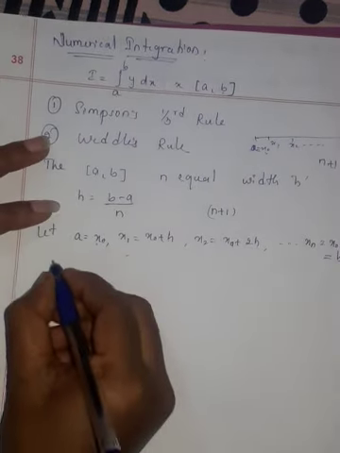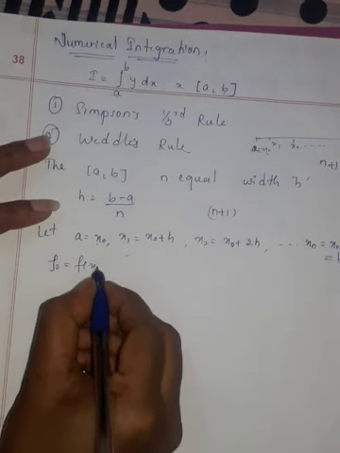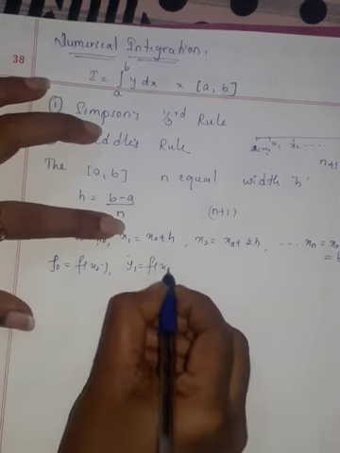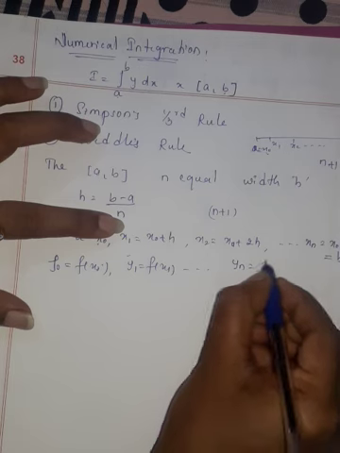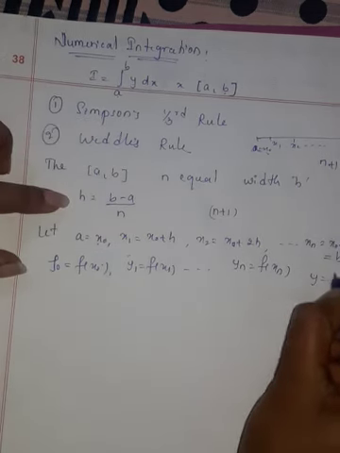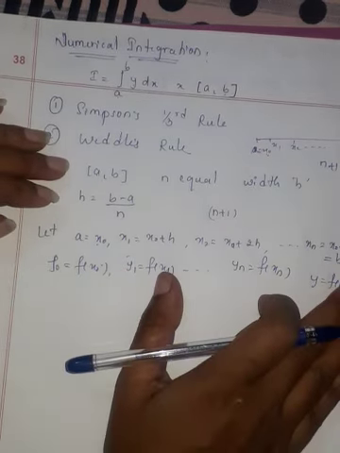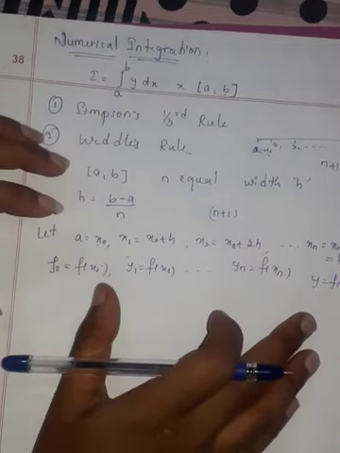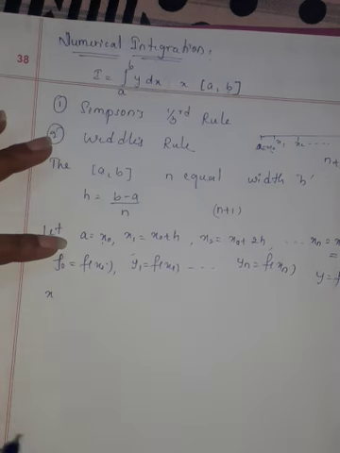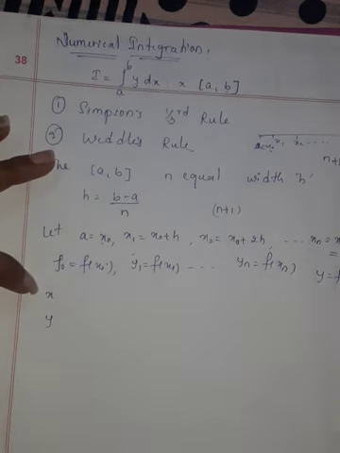Also let, for these points, y naught is equal to f of x naught, and for x1, y1 is equal to f of x1 and so on. yn is equal to f of xn be the corresponding values of y is equal to f of x. Now we set all the values of y equal to f of x at equidistant points of x. We tabulate like this. We take an x row and a y row.